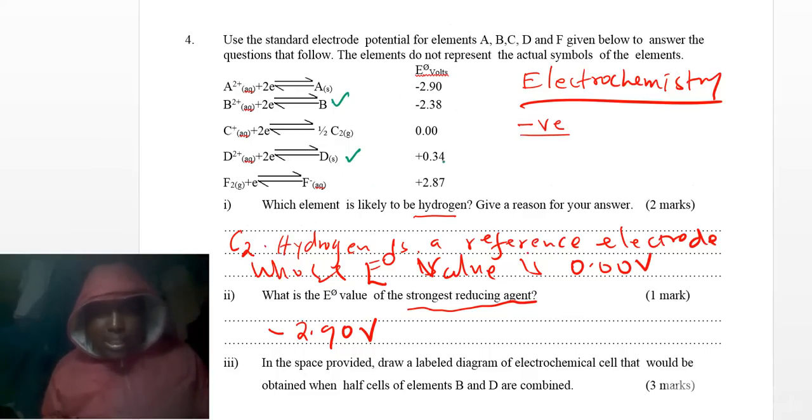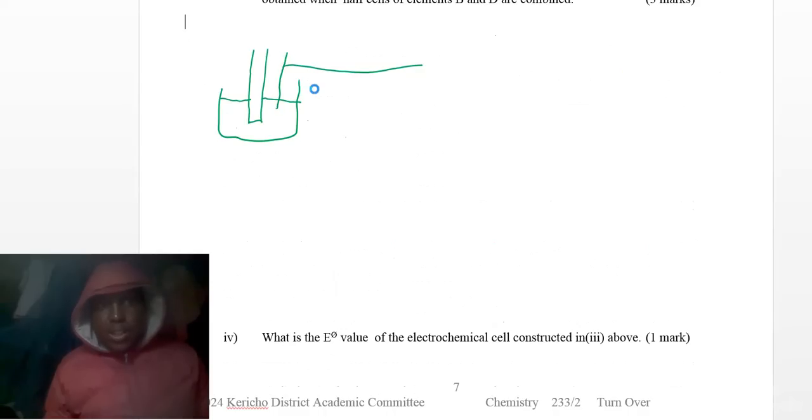So it means when we are going to draw, B is going to give electrons, D is going to receive electrons. So you draw the electrode, you put the electrode into solution, and then you remember to draw the salt bridge.